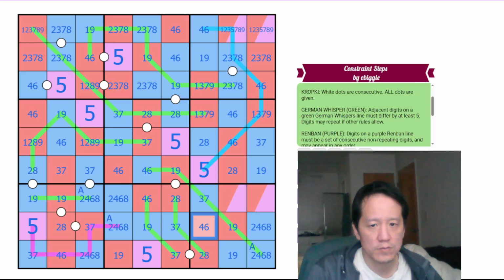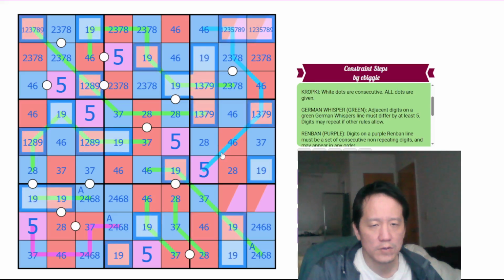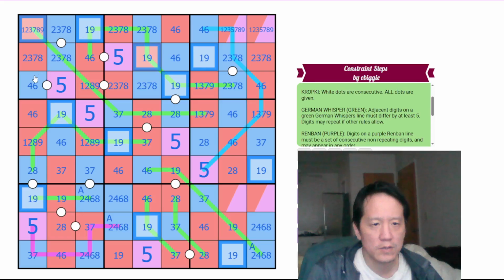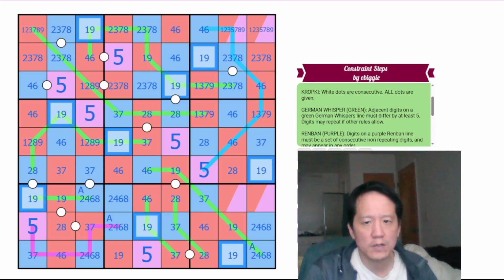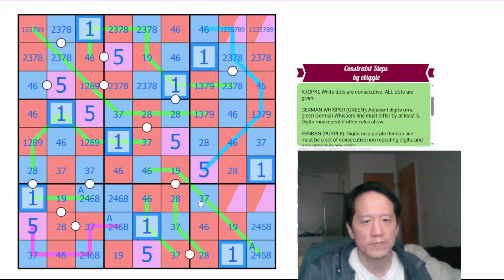So all the blue lows are a 1 for 1 9. So these are all 1. Okay.